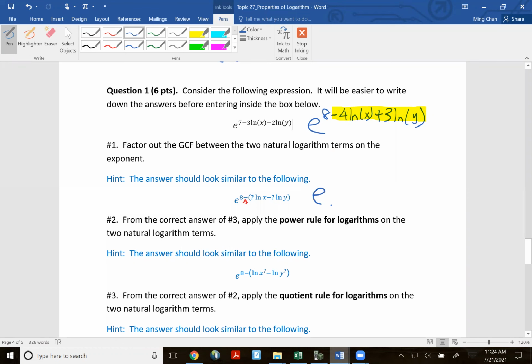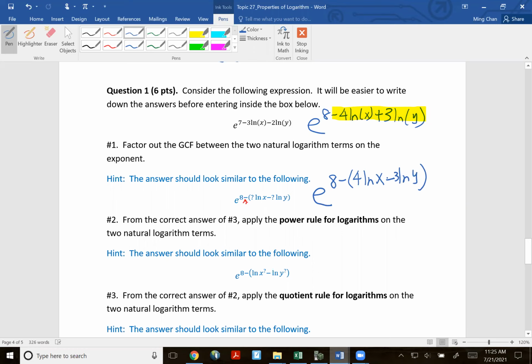So if you factor out a -1, that will be e to the 8 minus 4 times natural log of x. This plus sign becomes minus 3 times natural log of y. Okay, so all this is on the exponents.